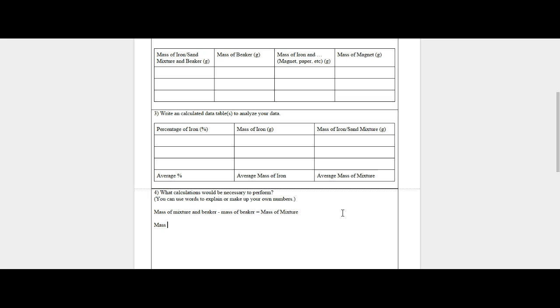And then I would have done mass of magnet and iron minus the mass of the magnet equals the mass of the iron. And then I would have done the mass of the iron divided by the mass of the mixture times 100, and that would have gotten me my percentage.